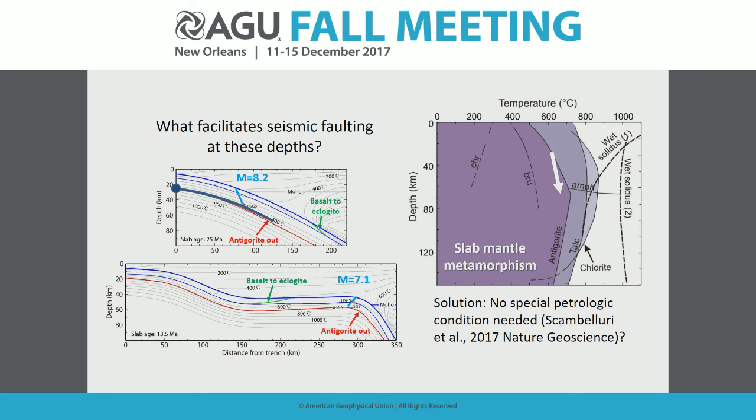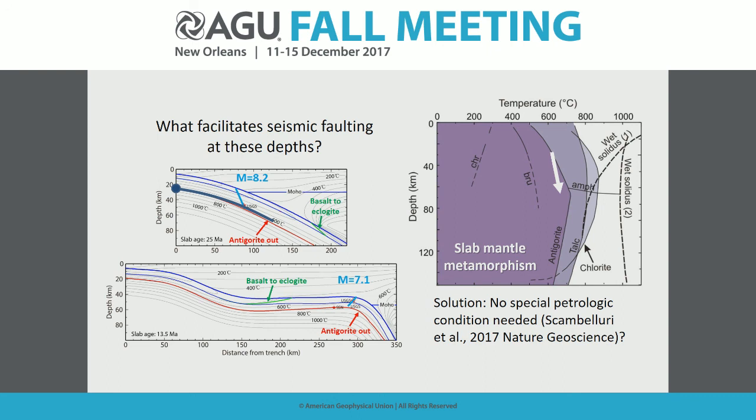The last question? Why do you think these earthquakes in this slab are so large in Mexico and we don't really observe them elsewhere? Yeah, that's a million-dollar question. We are all surprised by the size of this earthquake.